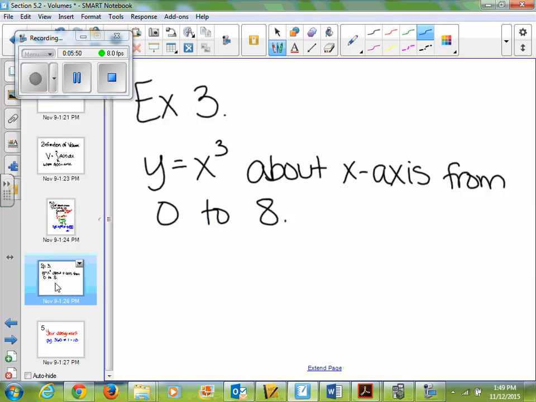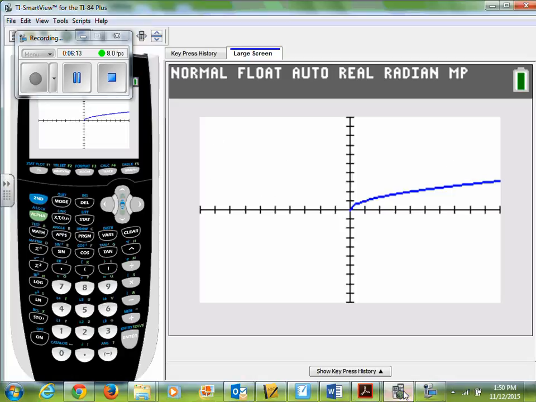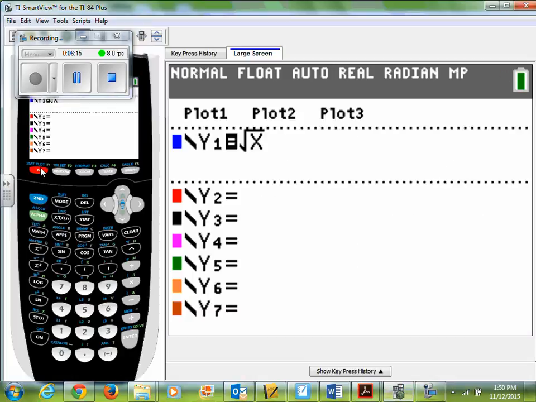you get the point. So let's do the same thing for y equals x cubed. We're going to rotate it about the x-axis from 0 to 8. The first thing I need to do is graph y equals x cubed so I can visualize what it looks like if I rotate it.